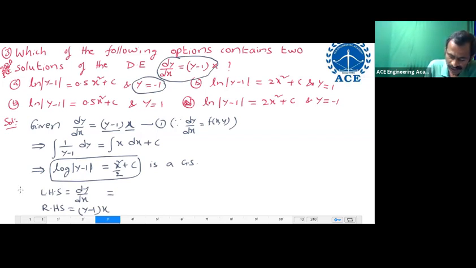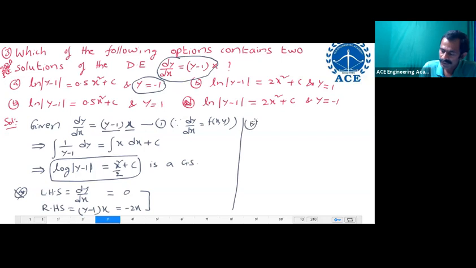We are checking this for option A only. In option A, the other solution is y equals minus 1. The derivative of minus 1 is 0. When you substitute y equals minus 1 on the right side, we get minus 1 minus 1, that is minus 2x. LHS is not equal to RHS. Therefore, option A is wrong.